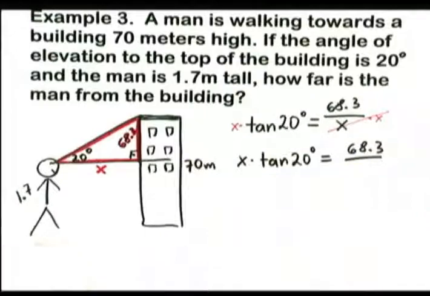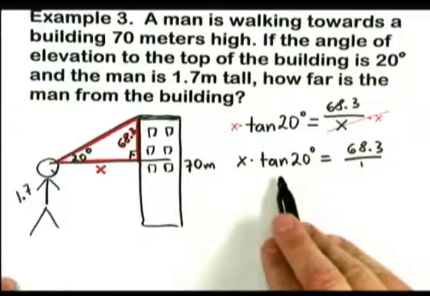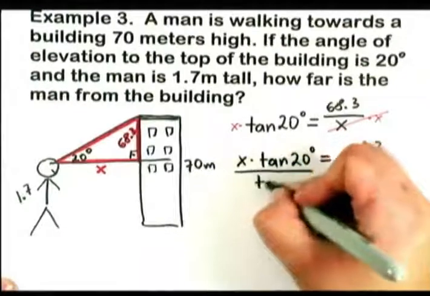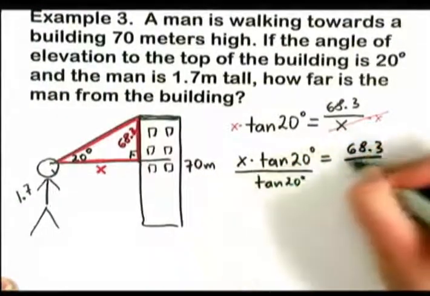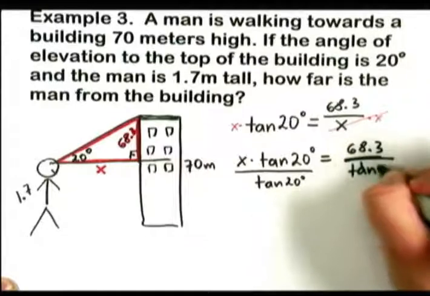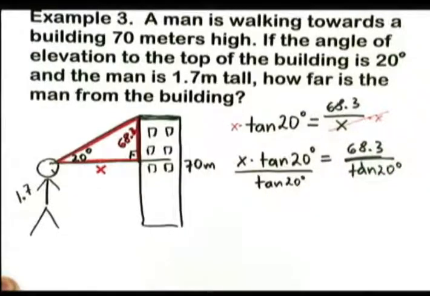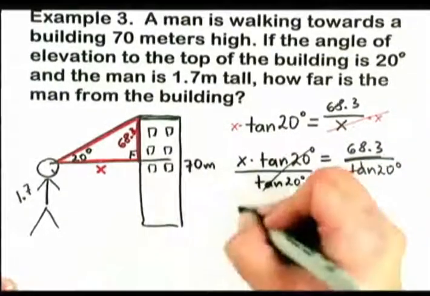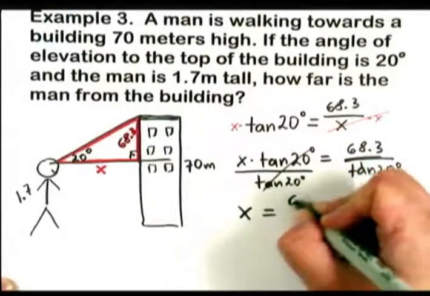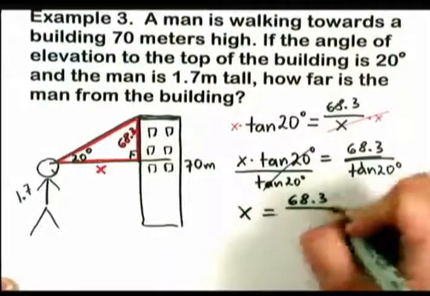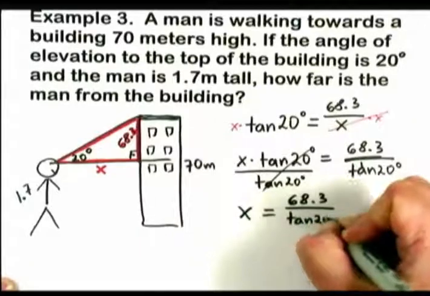So now we can divide by tangent 20 degrees. So tangent 20 cancels out, and my x is equal to 68.3 divided by tangent 20 degrees.